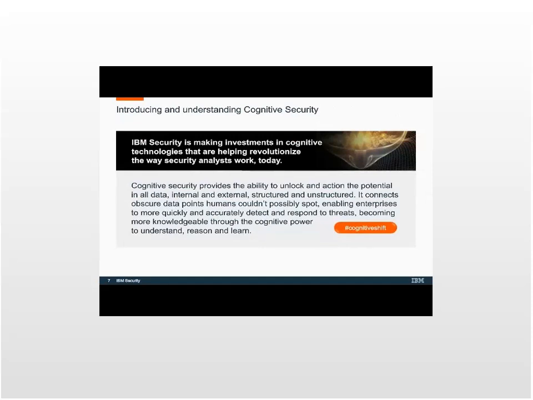That is how we think about cognitive security. Cognitive security is a segment of the overall artificial intelligence arena.